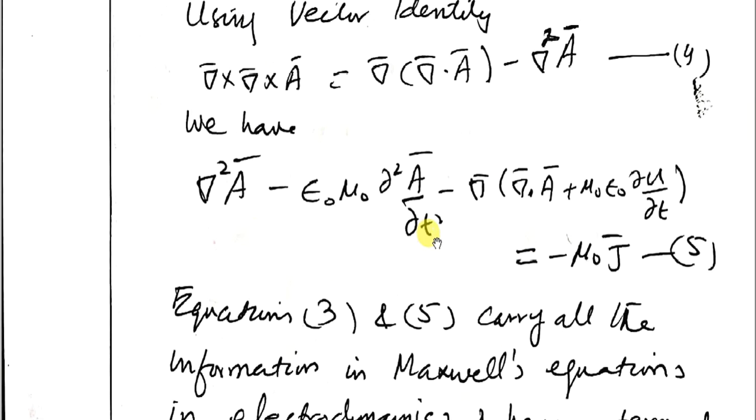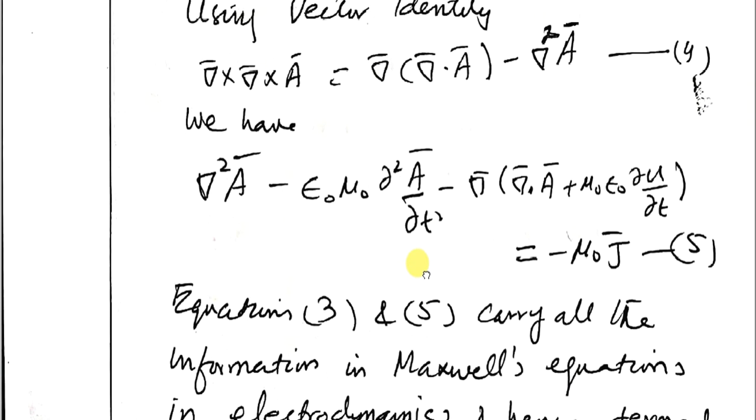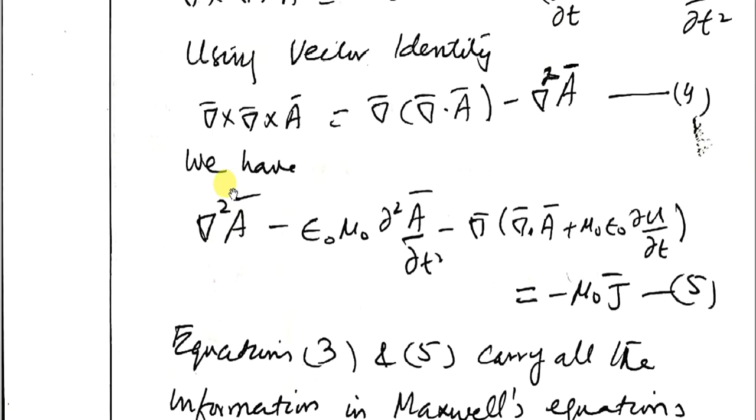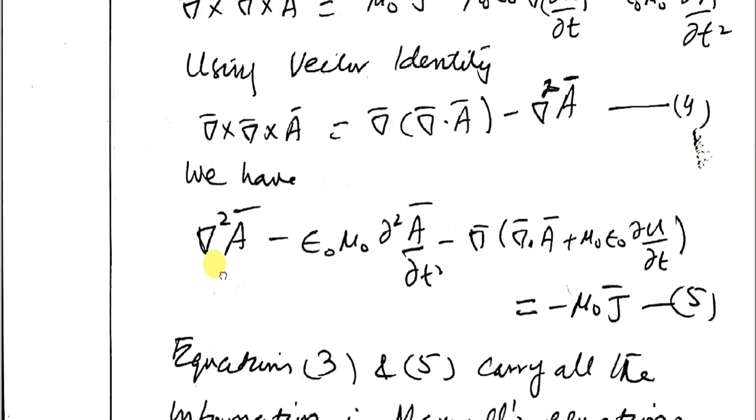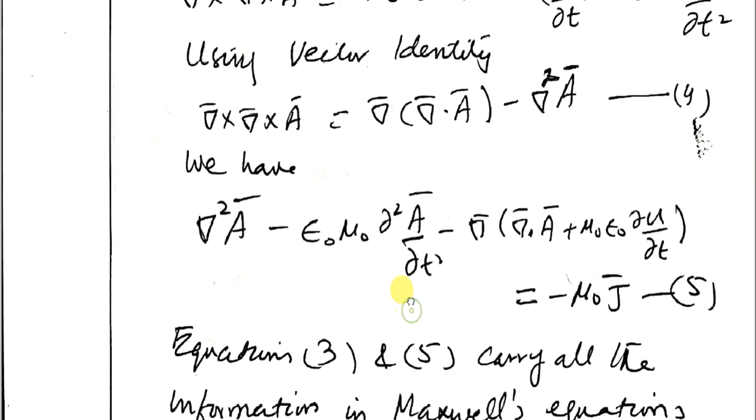The magnetic vector potential has to be dealt with these terms: the divergence of A and delta U by delta T must be there, the sum of these two, and the gradient of the sum of the divergence and the rate of change of U. So that's how we transform, or formulate, the potentials U and A from classical to electrodynamics at the relativistic levels.